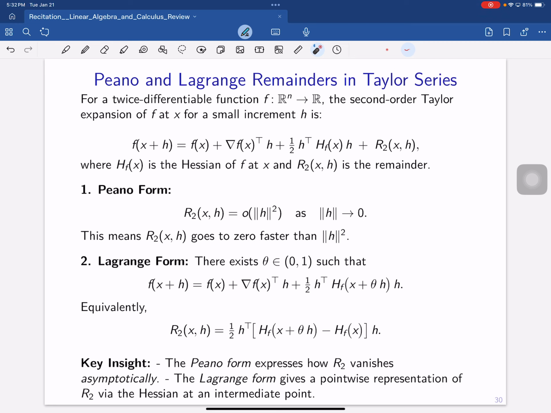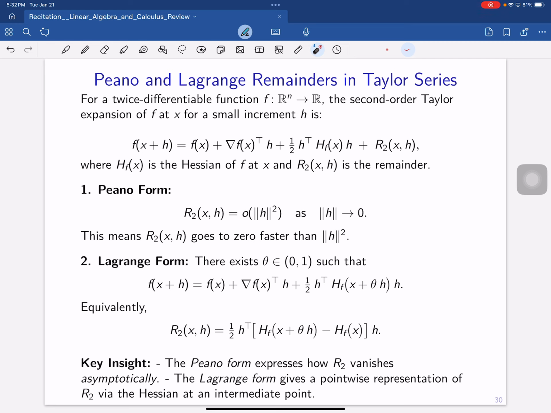The first form of this remainder is called the Peano form, where it is sort of an asymptotic way to approximate the remainder, where you see the remainder is o of h raised to the power of 2 as h goes to 0, right?